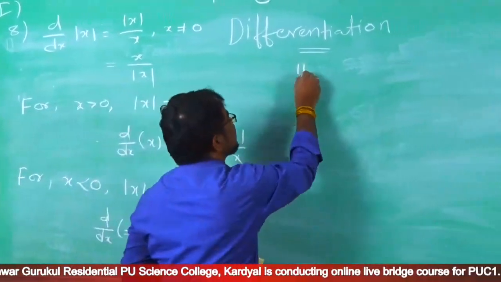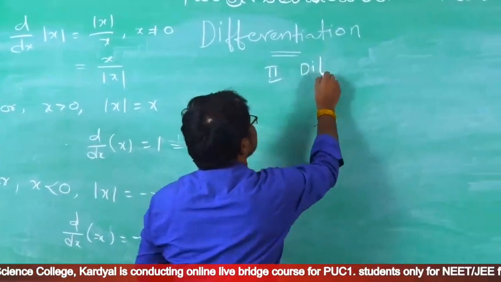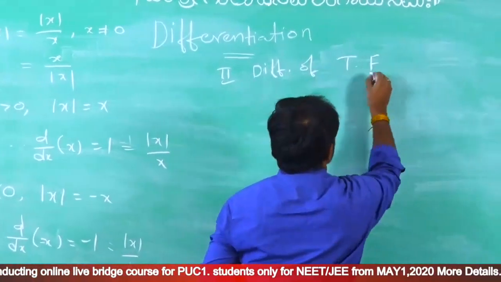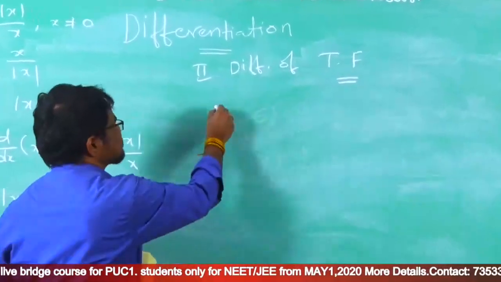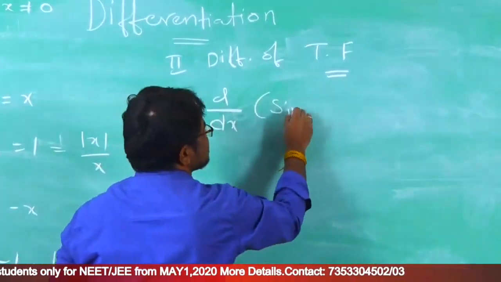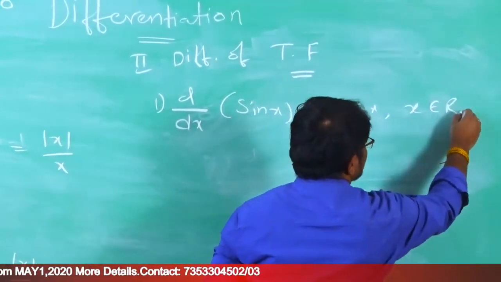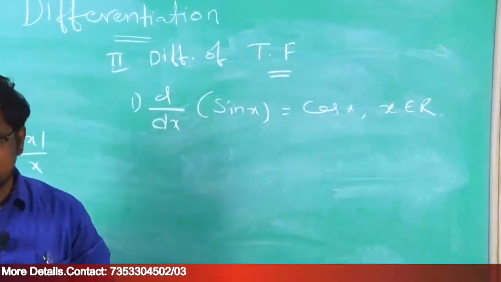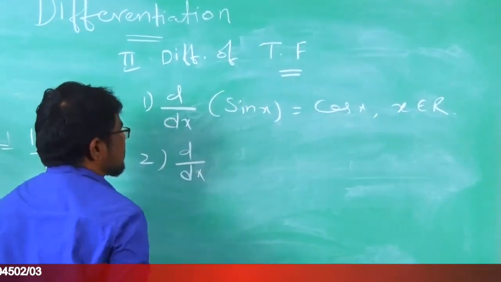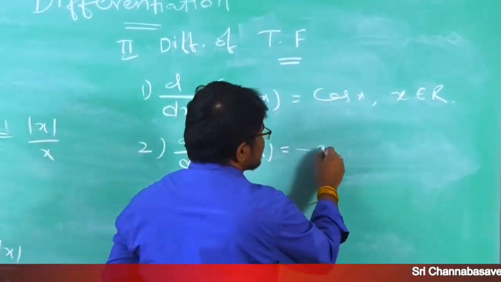Next, the second one is differentiation of trigonometric functions. In that, the first one is d by dx of sin x equals cos x, when x belongs to real numbers, because the domain of sin x is real numbers. Next, the second one is d by dx of cos x equals minus sin x.